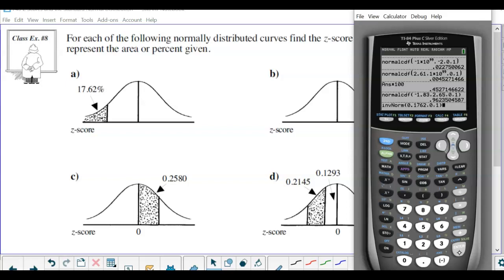Those of you that have the older version, area, comma 0, comma 1. Your z-score is negative, around 2. We'll go to 2 decimal places. That's your z-score. If you get a positive z-score, then think about it, it'd be on the left, right?